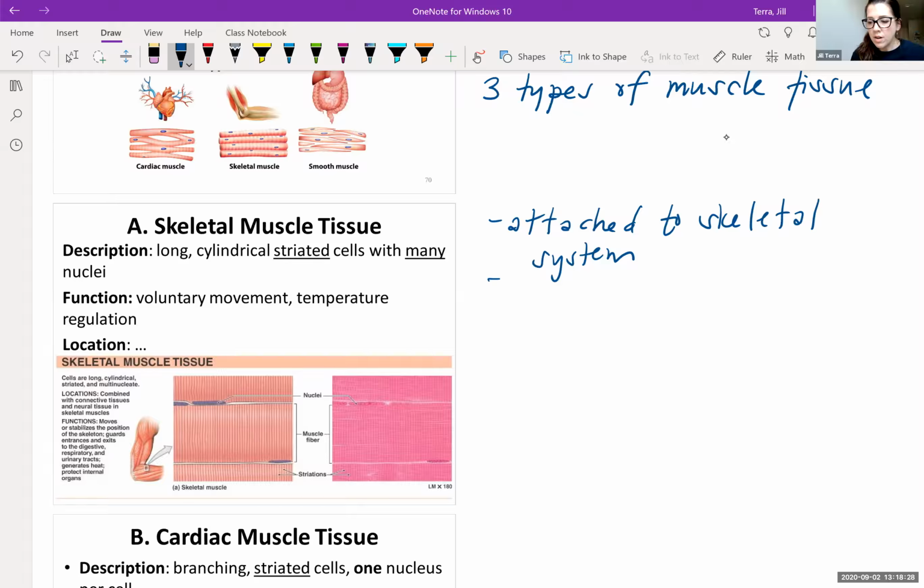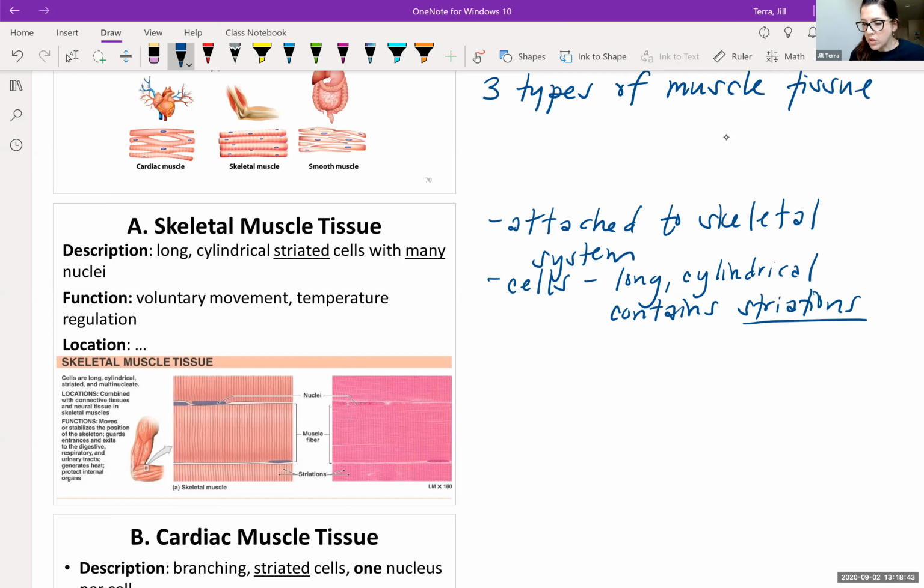And these cells, or fibers, are long, cylindrical, and they contain striations or stripes, okay, which is a striped appearance based on the organization of a couple of proteins within the cells.